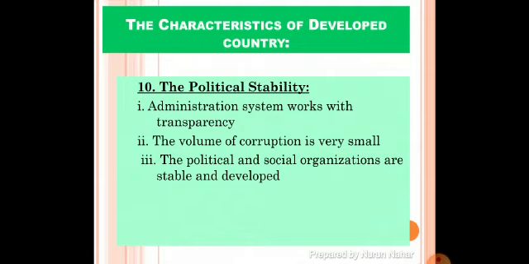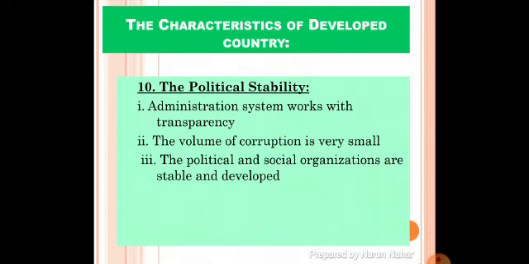The last point is political stability. It is also one of the important factors for turning a country into a developed country, because political instability will bring damage in all the sectors like agriculture, industry and service. So, in the developed countries of the world, the administrative system works with all kinds of transparency. People are able to know about all the decisions made by the government.